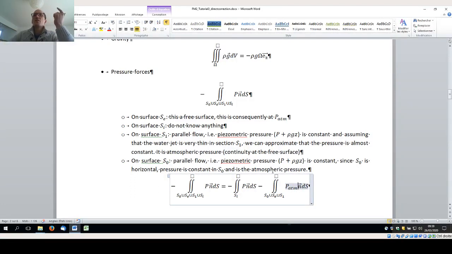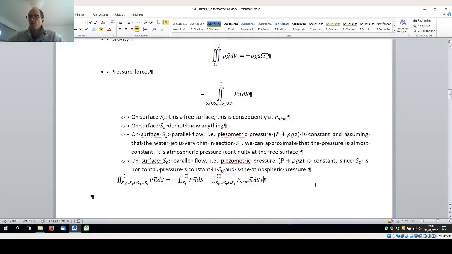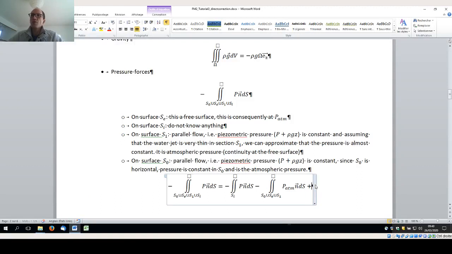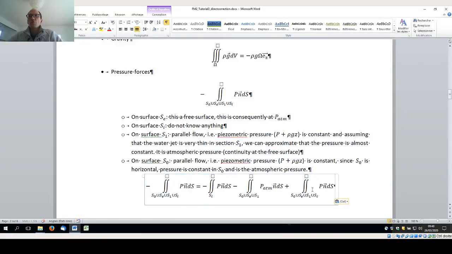So what we can do, similarly to what we have done at the very beginning of this tutorial, is that S0, SE, S1, Si is a closed surface.